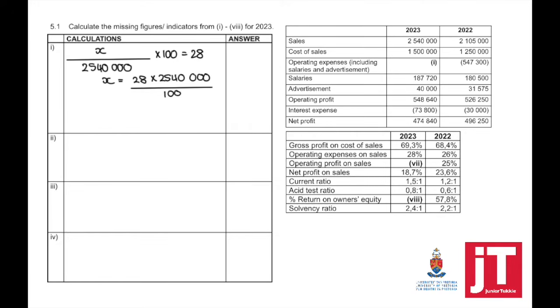To find X, we say 28 times 2,540,000, which is your sales, divided by 100. That means my operating expenses is 711,200. So again, make sure that you know how to work backwards. Practice these things.